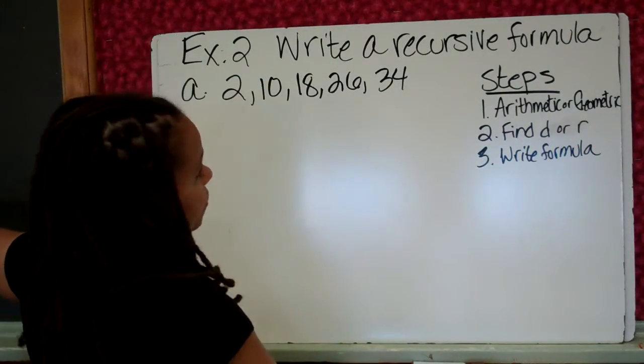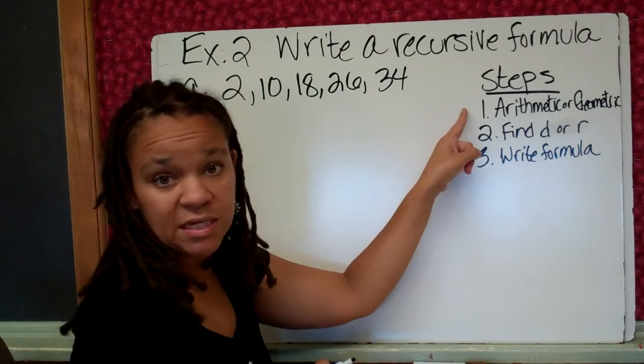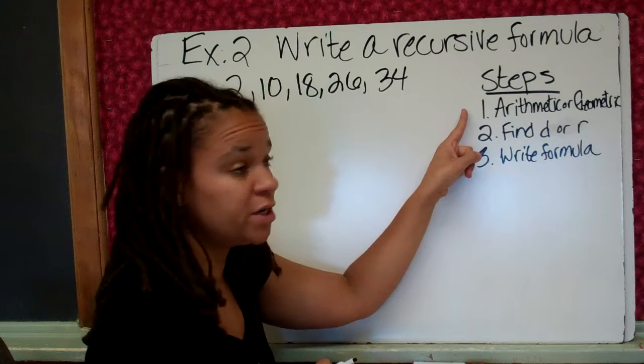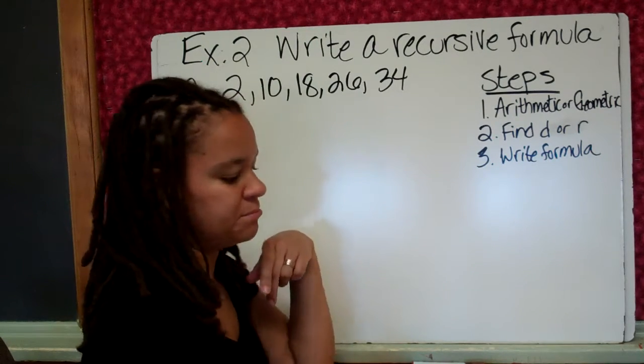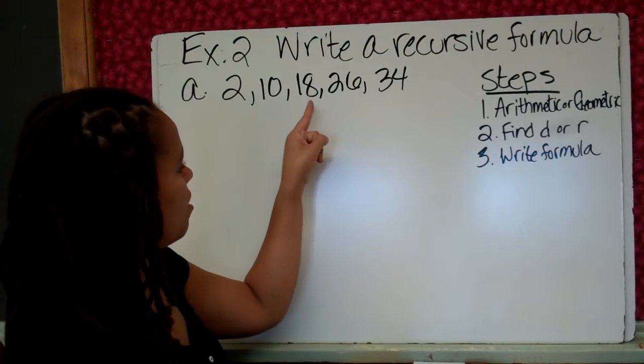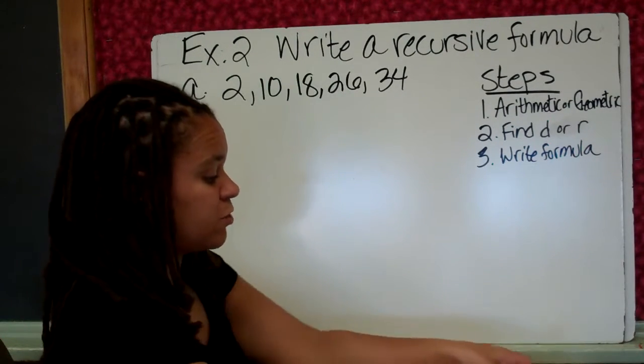All right, example 2. Now we're going to write a recursive formula. Here are the steps. First, we need to decide if it's arithmetic or geometric. Then we find the d or the r. And then we write the formula. Let's look at our sequence and figure out if it is arithmetic or geometric.